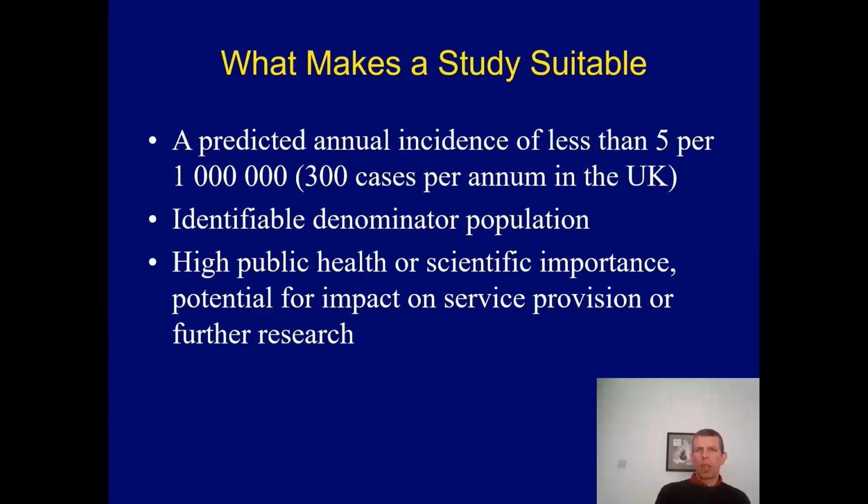In practice, most studies are far below this level and tend to have a frequency of between 75 and 150 cases per year. There has to be an identifiable denominator population in order to be able to calculate the incidence rate, and the topic has to be deemed to be of high public health or scientific importance, with the potential for impact on either service provision or further research.